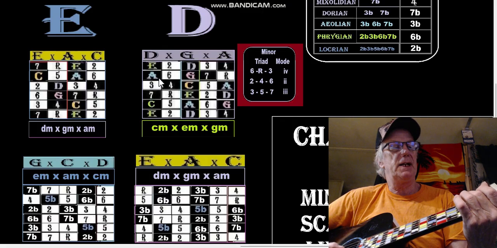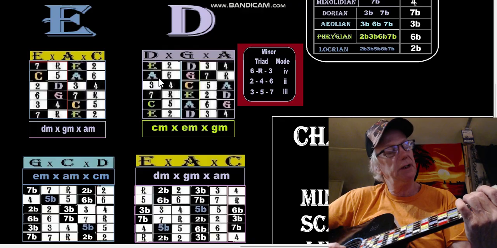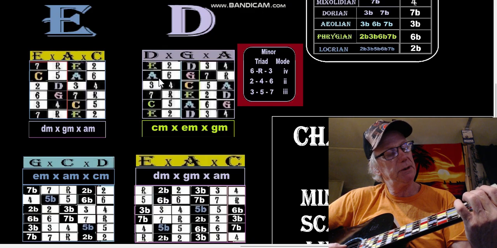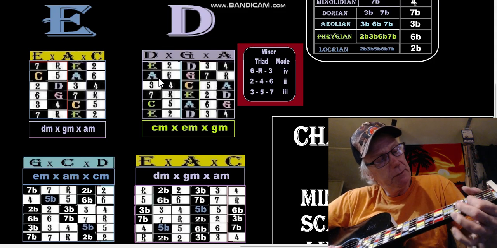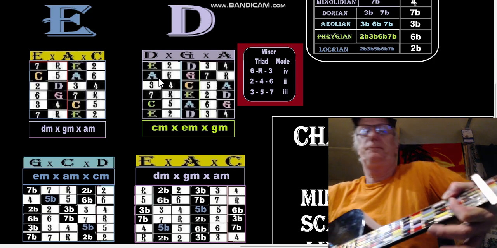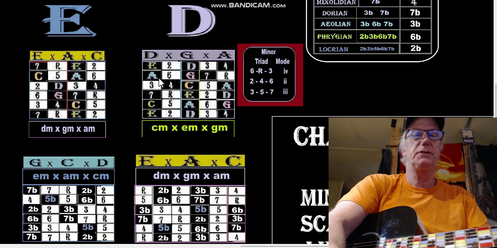We can't get that. We would have to do a half shape G minor right there, right? Half shape G minor. So that turns out to be one of these guys. Look at that. Half shape G minor shape.